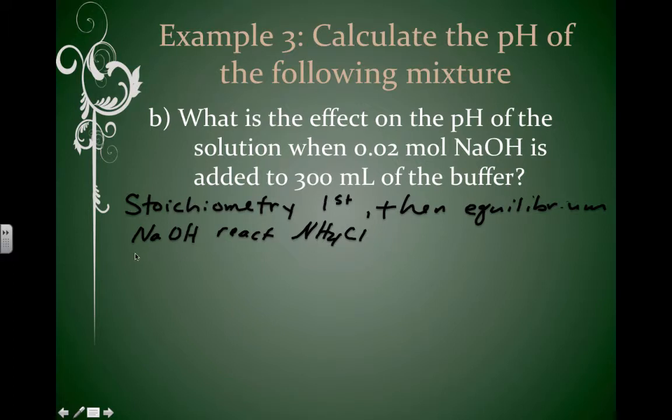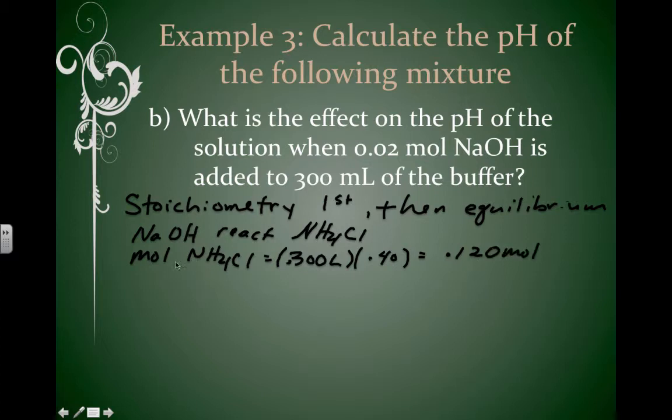So how many moles of NH4Cl do I have? That would be in 300 milliliters, or 0.300 liters. And my molarity from before was 0.4 molar, then that gives us 0.120 moles of ammonium chloride.